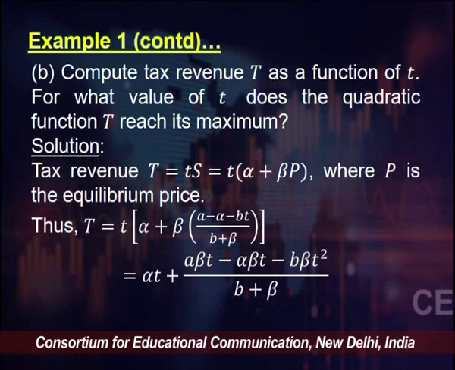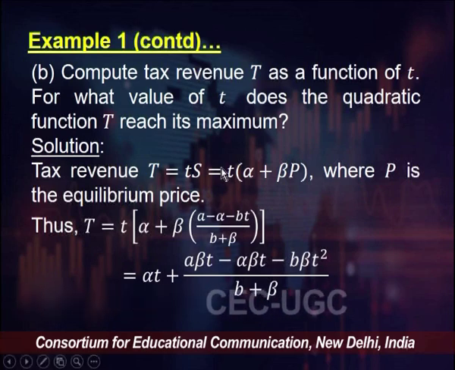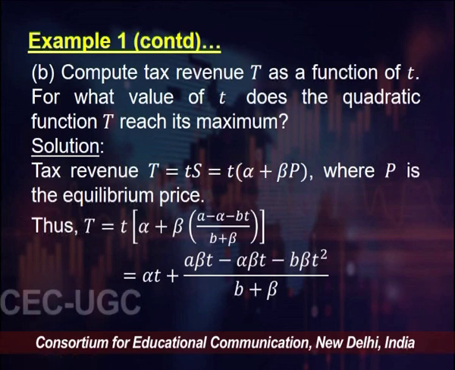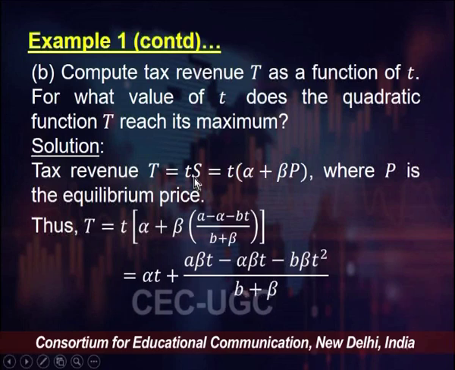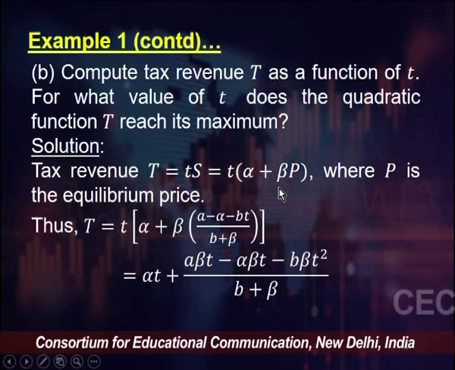So let's first find the expression for the tax revenue. The tax revenue is given by small t times S, which is the quantity supplied in equilibrium after the tax. So here that will be t times (alpha plus beta P).